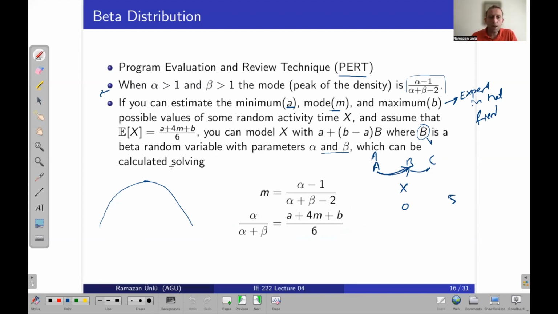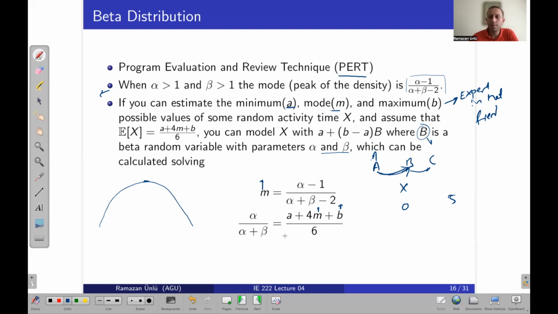So which can be calculated by solving these two equations. In this one, we know M, we just estimated it, and we know A, again we estimated it, and we know B. So simply we can calculate the alpha and beta here, because we have two unknowns, which are alpha and beta, and also we have two equations.